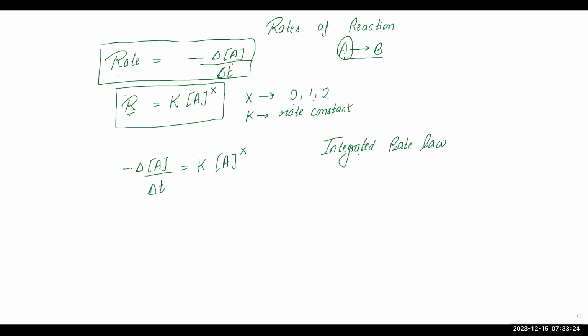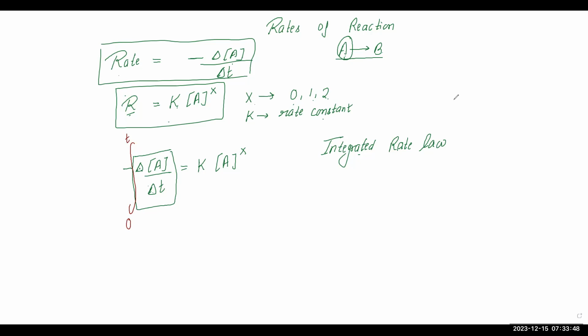So what is the meaning of integrated? You know, children, this expression is called differential. Delta means change. This is differential. Integrated means you have to integrate this, from 0 to time t.